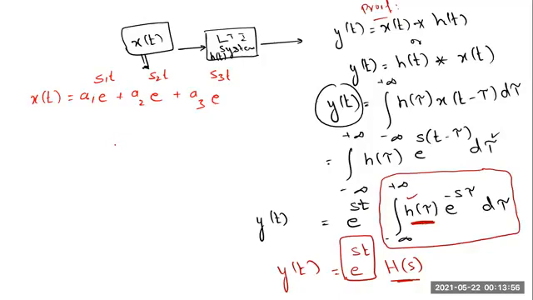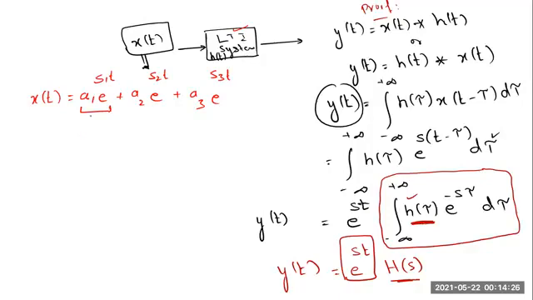Now, if we look at each component individually, if only this component is applied as input to the LTI system, we know what the output will be: the same signal multiplied with the eigenvalue.